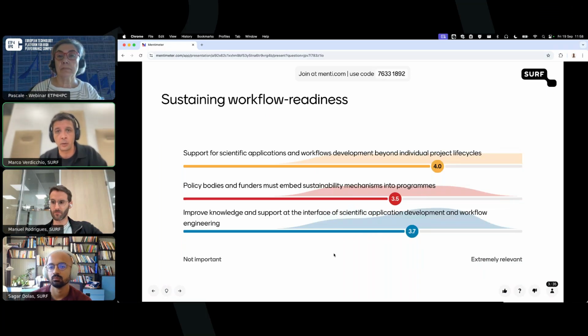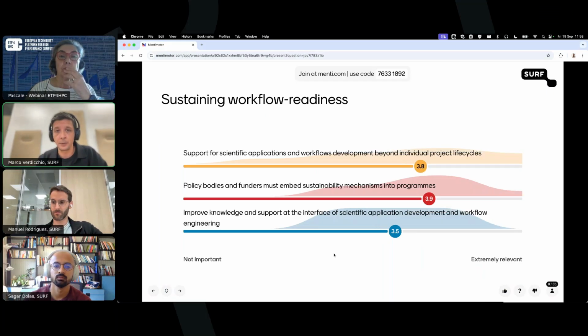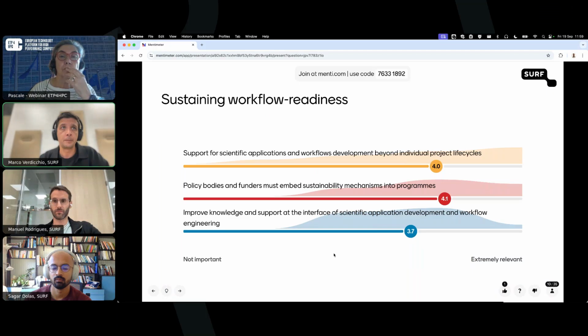And as I said, ownership is not clear and well defined, and it may be critical to have funding that supports certain components after the project ends. Policy bodies must be more considerate of sustainable mechanisms to add more sustainability into programs.